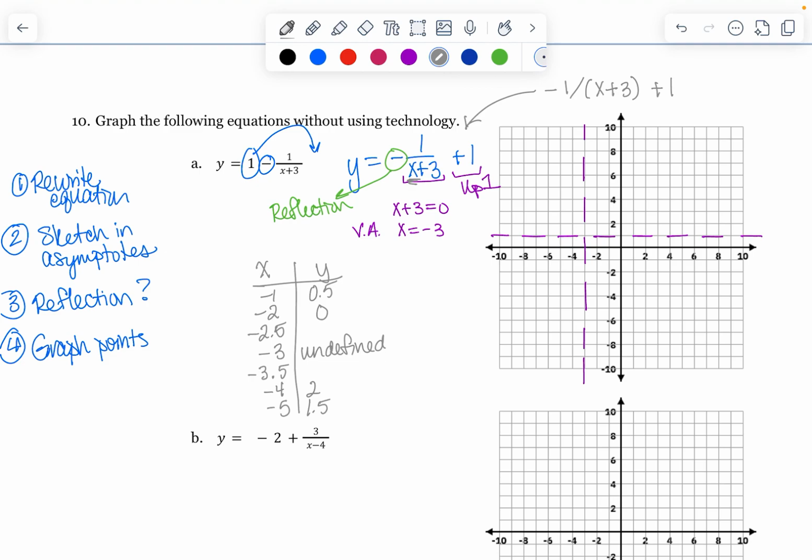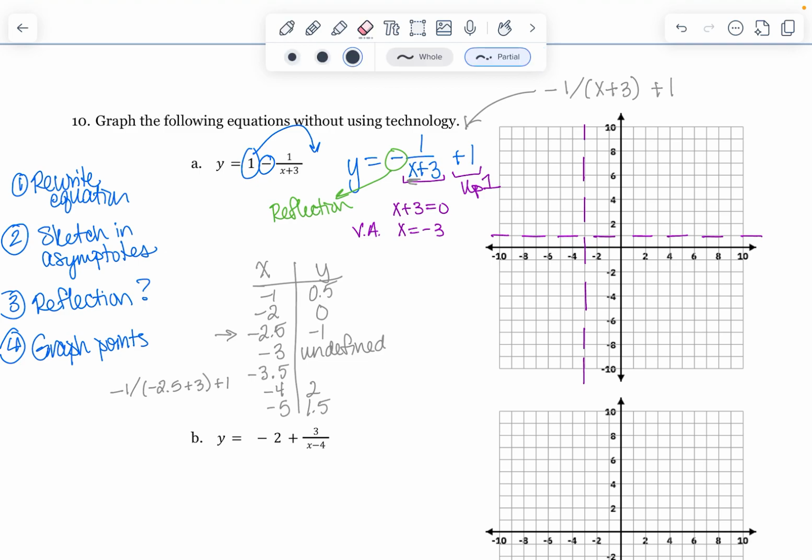So I would do in my calculator, if I wanted to plug in -2.5, I would do -1 divided by parenthesis, plug in -2.5 for x. I still have that plus 3, close my parenthesis, plus 1. When I do that, it looks like I get -1. So I'm going to put that in my table.